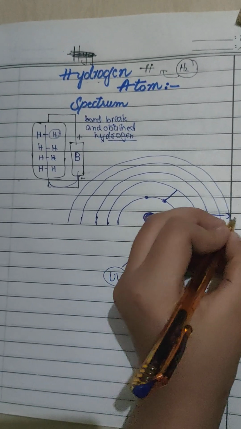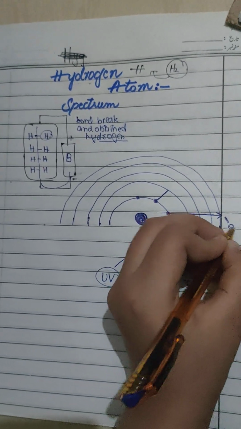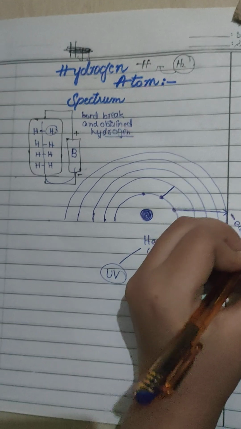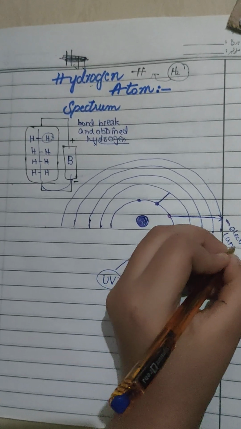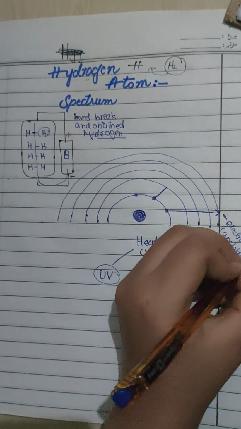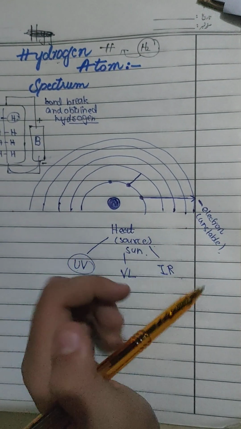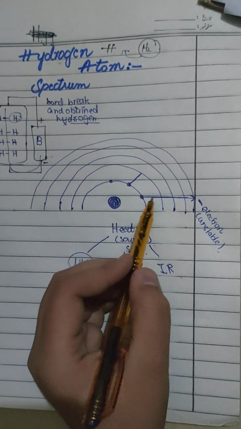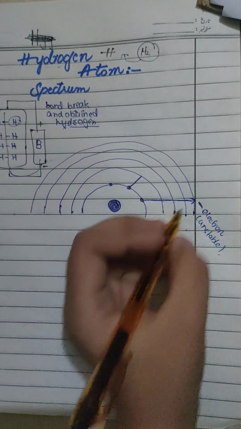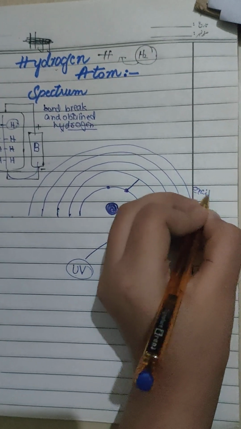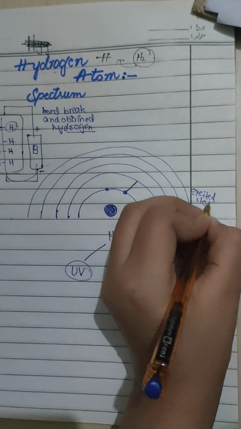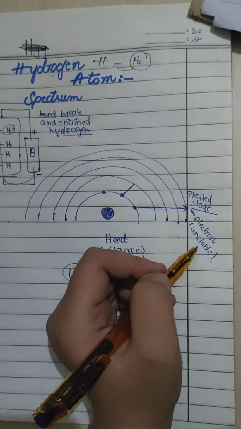Fine. So now the electrons are unstable, because they move to the excited state. This is the excited state.